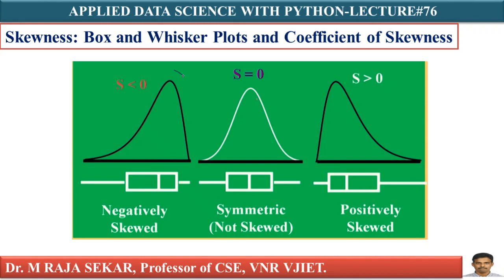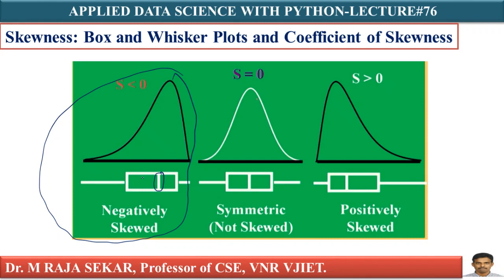Just see, what is this? This graph is negatively skewed, isn't it? If it is negatively skewed, the median, this center one, is on the right side. On observing this box and whisker plot, I can say whether the data distribution is negatively skewed, positively skewed, or symmetric.